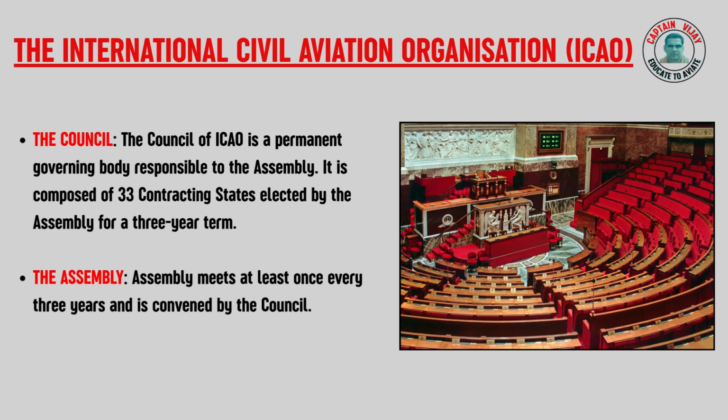The ICAO has two main components. First is the Council and the second is the Assembly. The Council of ICAO is a permanent governing body responsible to the Assembly. It is composed of 33 contracting states elected by the Assembly for a 3-year term. The Assembly meets at least once every 3 years and is convened by the Council.